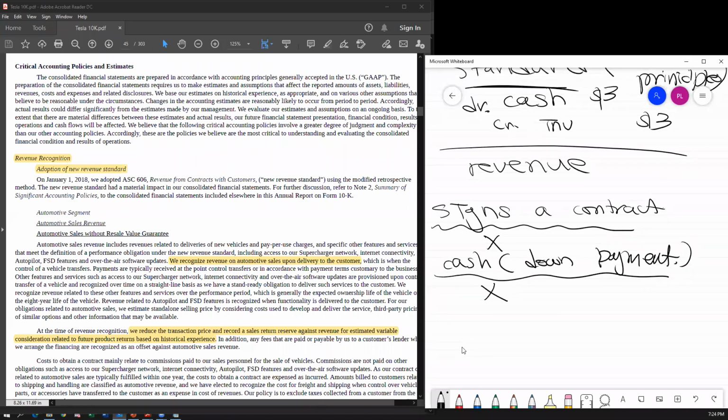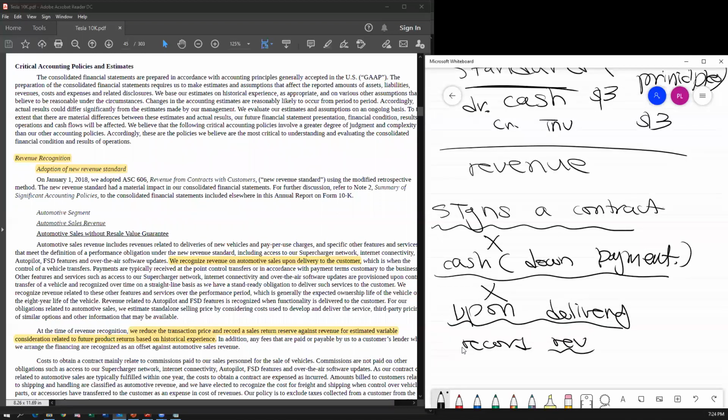At the point of signing a contract, we do not report the revenue. We only report revenue upon the delivery of the vehicle, okay? At that point of the delivery, then Tesla reports revenue. Okay, that's the accounting principle that Tesla is following.